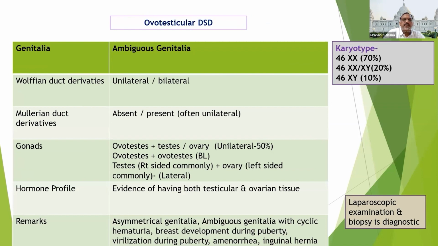Unilateral ovotestis is the most common, meaning there is an ovotestis on one side and a testis or ovary on the other. So this patient has both testicular and ovarian tissue in the body, and can have important features like cyclic hematuria, asymmetrical genitalia, and inguinal hernia.